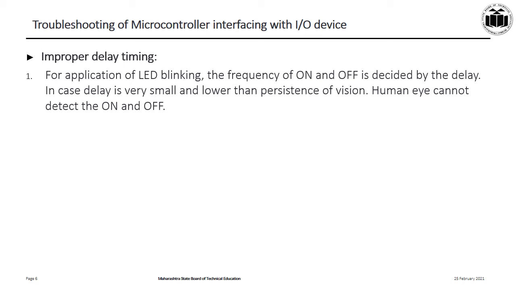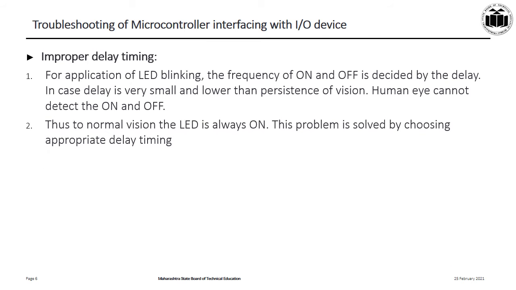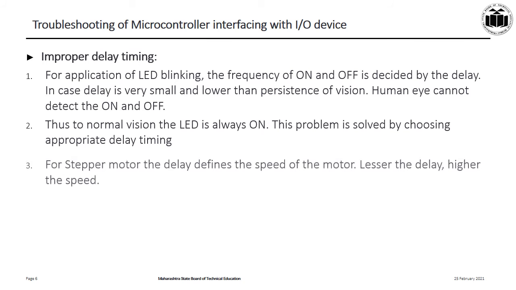In case the delay is very small, or if delay is not decided, the microcontroller will execute instructions in microseconds, and that is lower than the persistence of vision. The human eye won't be able to detect the on-off, and the LED will seem to be on all the time. This problem can be solved by choosing appropriate delay timing.